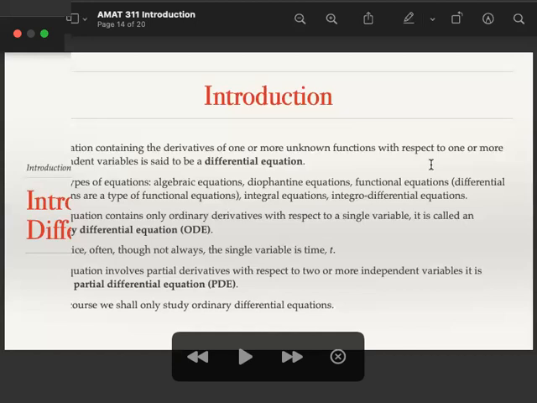Or one can have equations that involve a combination of integrals and derivatives, which are called integral differential equations. The reason why these are not as widely studied as differential equations is that usually by taking derivatives in the equation, we can reduce integral equations and integral differential equations to differential equations.